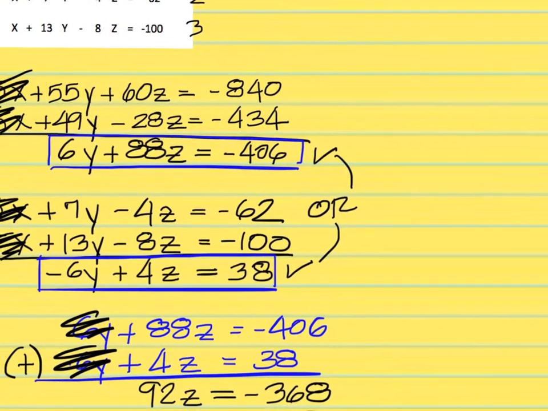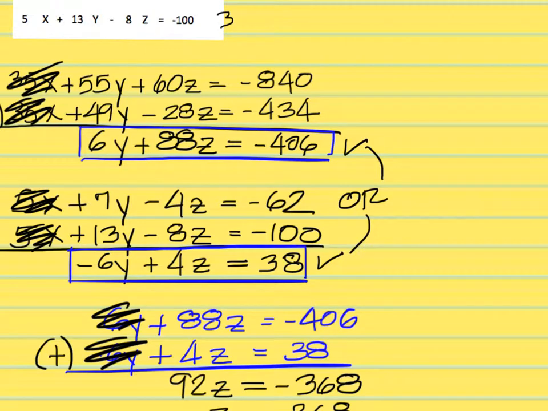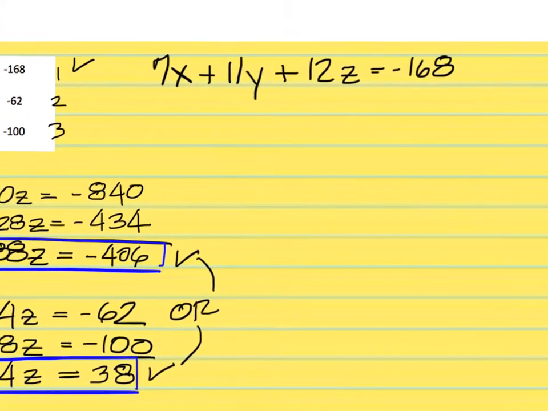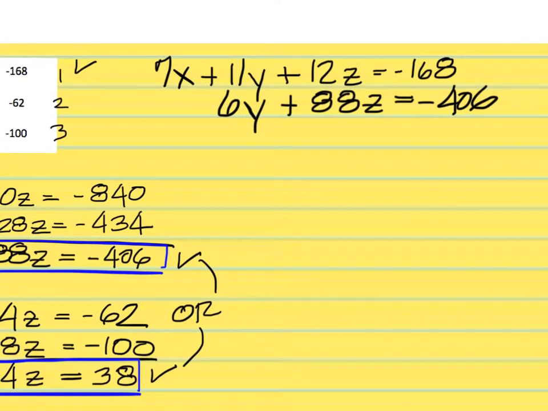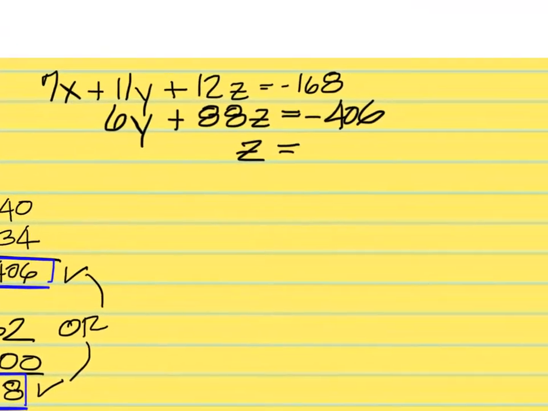Now pick one of these two in the blue boxes. I'm going to choose the top one, so 6y plus 88z equals negative 406. And then the last thing that you'll have in there is z. And z equals negative 4.